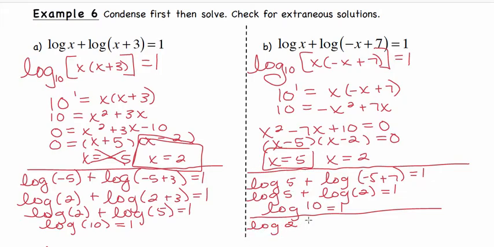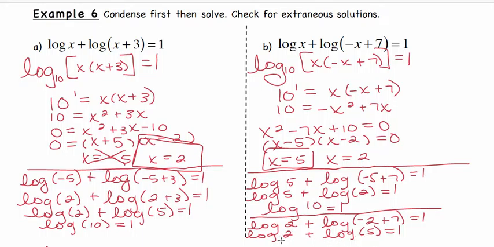So log of 2 plus log of negative 2 plus 7 is equal to 1. We now have log of 2 plus log of 5.